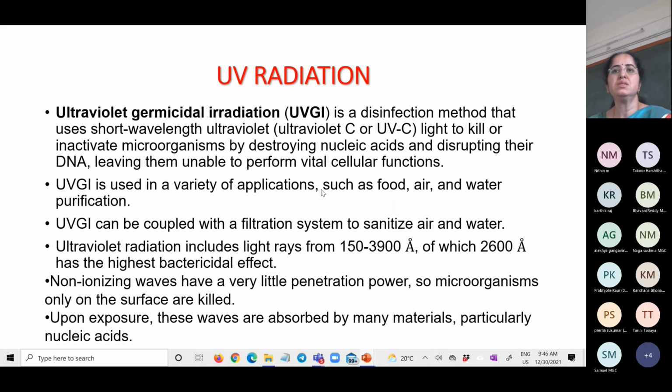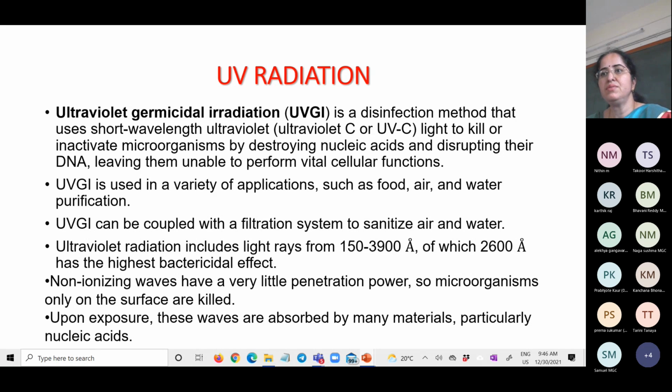This part we have finished, in which we have seen how the ultraviolet radiations act to kill or inactivate the microorganism. And how they are killing the microorganism, that also we have seen: they are destroying or disrupting the nucleic acid. And what effect they have on the nucleic acid, that is the dimerization.